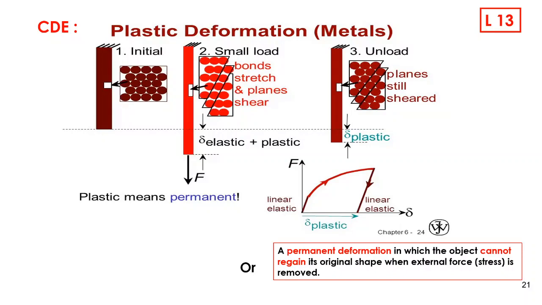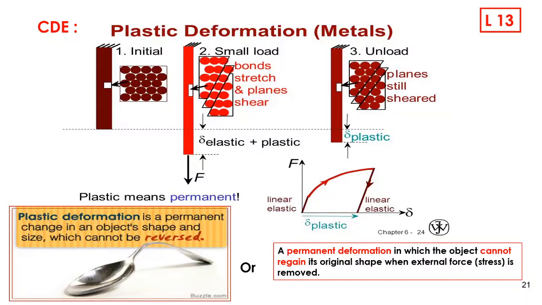If you're planning to have plastic surgery, you have to know that once you do the plastic surgery to your face or any parts of your body, it's permanent. So we can no longer return to our natural face. So plastic deformation is a permanent change in an object's shape and size, and this is an irreversible process.